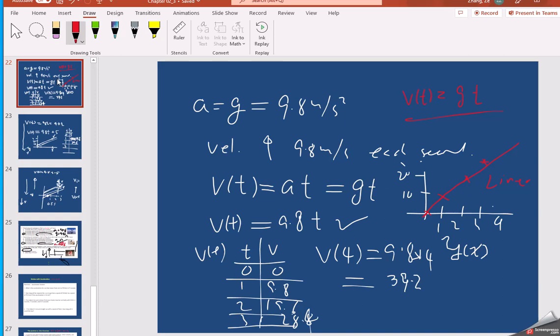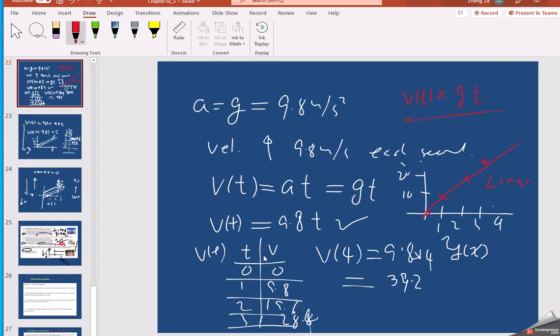Then we discussed the velocity versus time function for uniformly accelerated motion. Velocity as a function of time is simply equal to at, or gt in the case of gravity. That g value is always 9.8. If you want to make a plot, you simply go using a chart representation.